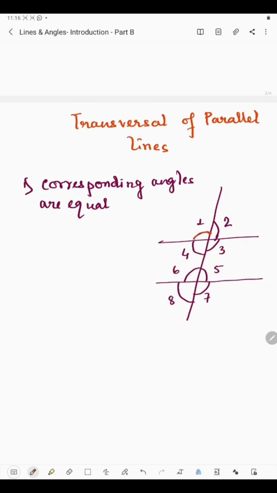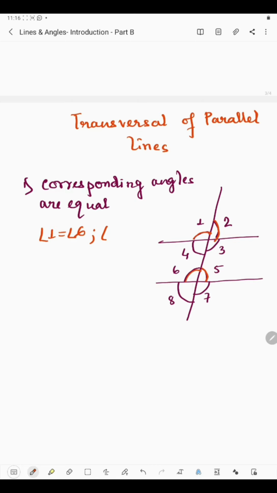So these and this, so angle 1 will be equal to angle 6, angle 2 will be equal to angle 5, okay, angle 4 will be equal to angle 8 and angle 3 will be equal to angle 7, okay.